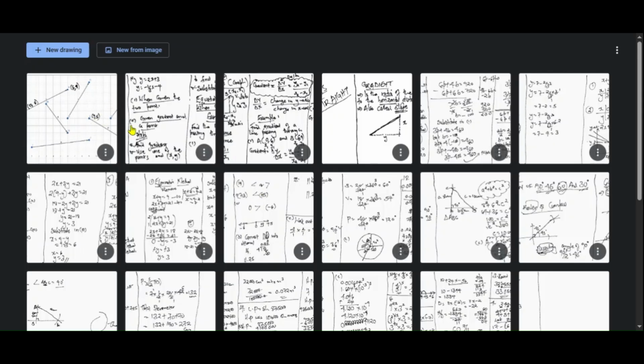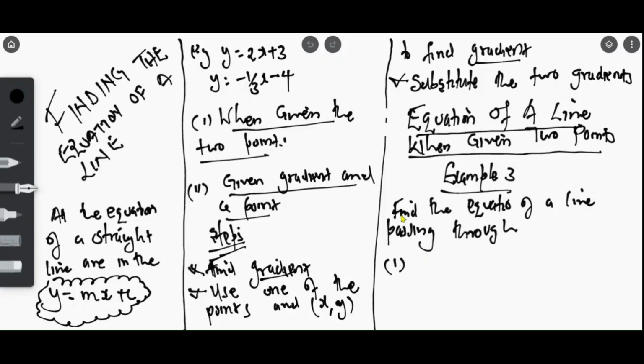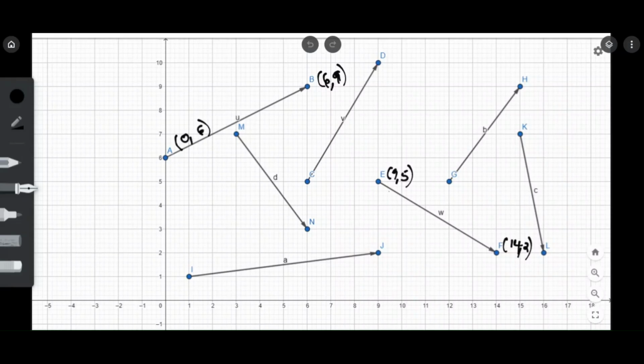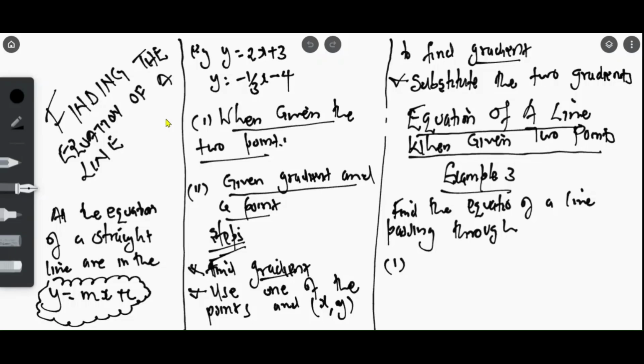So if I come to my working here, we have 9, 5 and 14, 2.